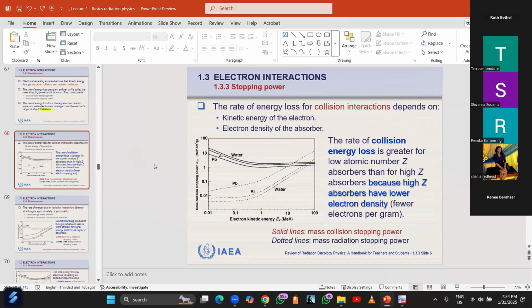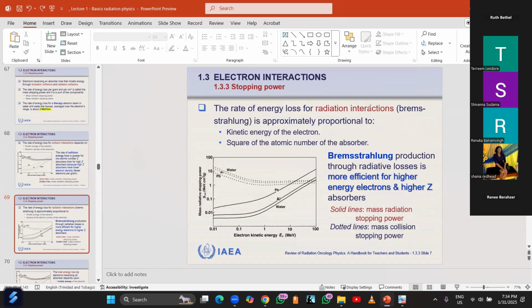When it comes to radiative stopping power, which is on the vertical axis on this slide, you will see that Bremsstrahlung depends more on the kinetic energy and the atomic number. It's actually much more dependent on the atomic number because it depends on the square of the atomic number. So the reason why we sometimes use tungsten as a target is so that we can improve the Bremsstrahlung efficiency.